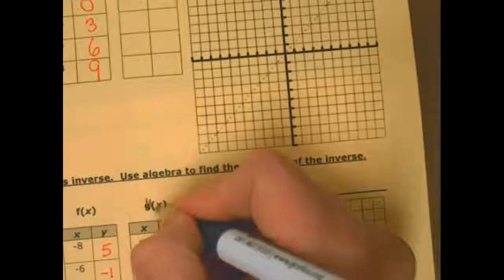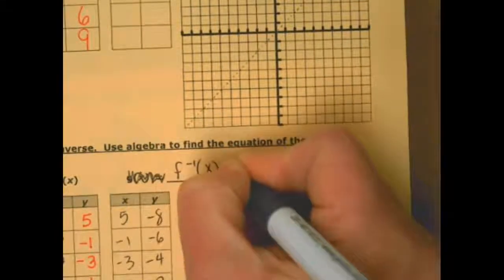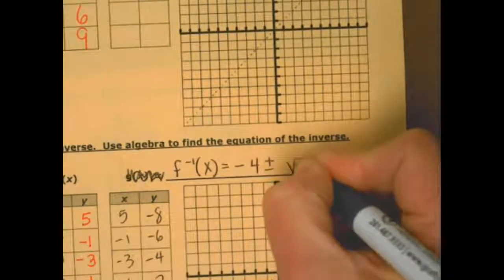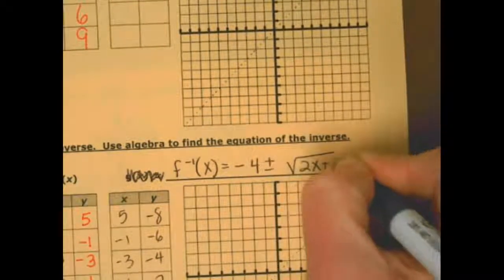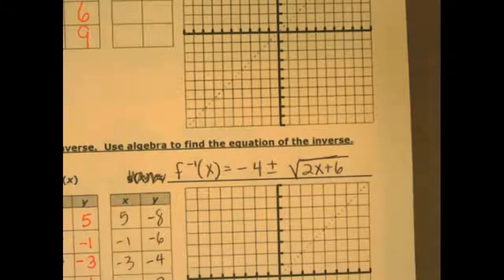I'm going to rewrite that over here. In this blank, I'm going to use my function notation, the inverse is -4 plus or minus the square root of 2x plus 6, where the 2x plus 6 is underneath the radical sign.